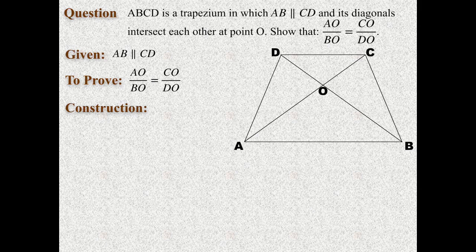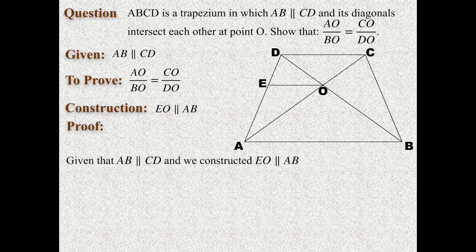let us construct a line parallel to the given lines. So we construct EO parallel to AB. We have AB parallel to CD as given and we constructed EO parallel to AB. Therefore, we can say AB, EO and CD, all three line segments are parallel.